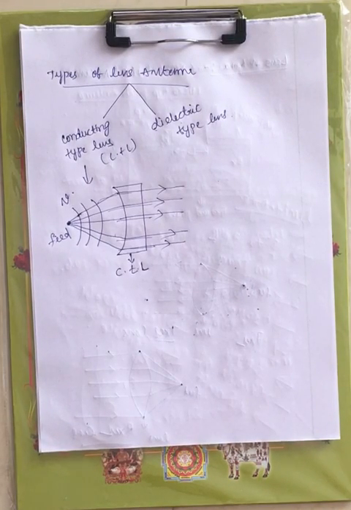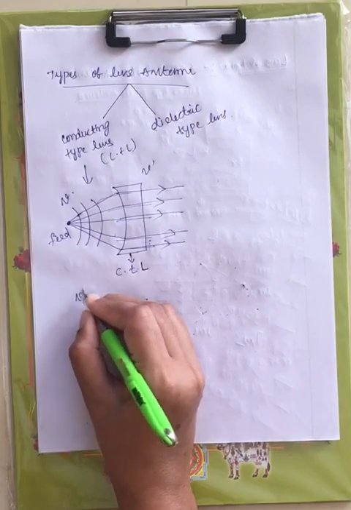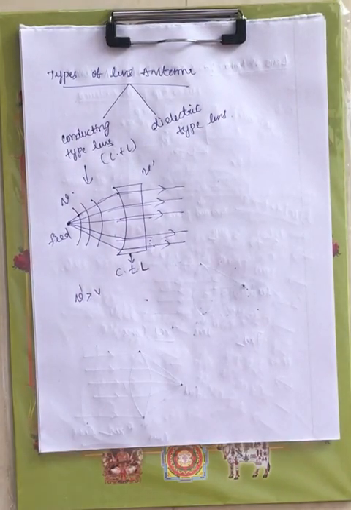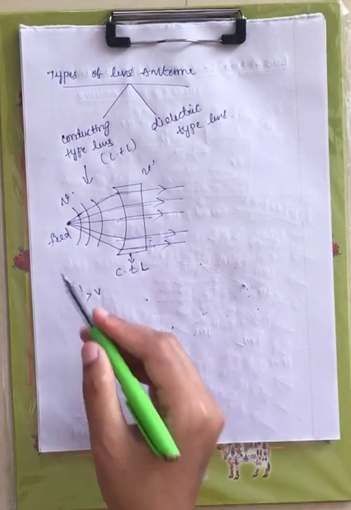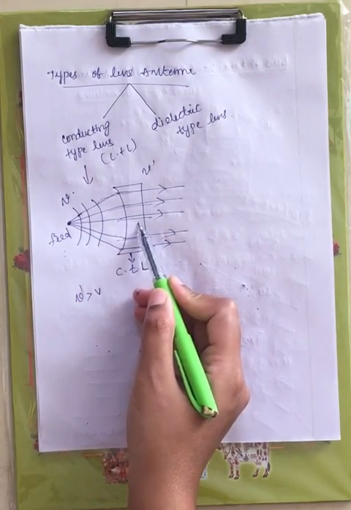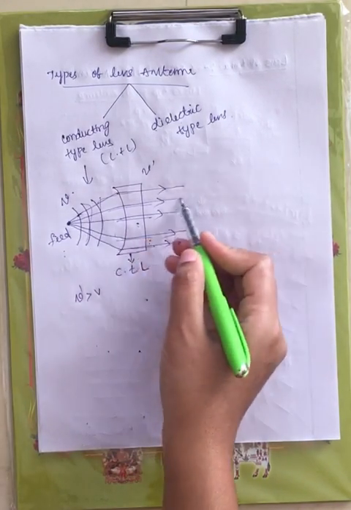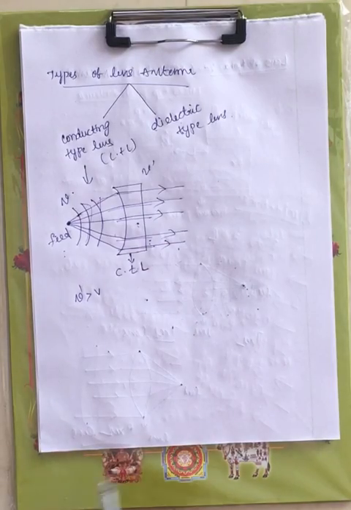Now what happens when the signal from the feed is passing through the material of this conducting type lens? The signal gets accelerated. Now here v dash is greater than v, right? Its velocity gets accelerated, hence the spherical wavefronts are getting converted to planar wavefronts.